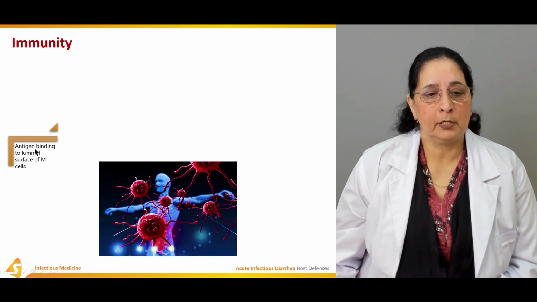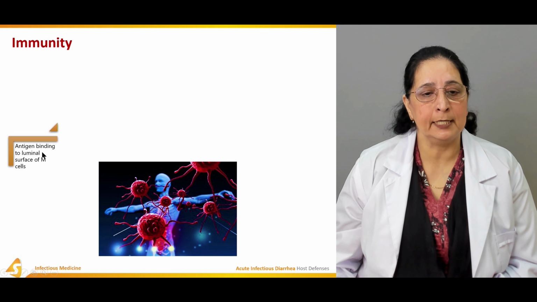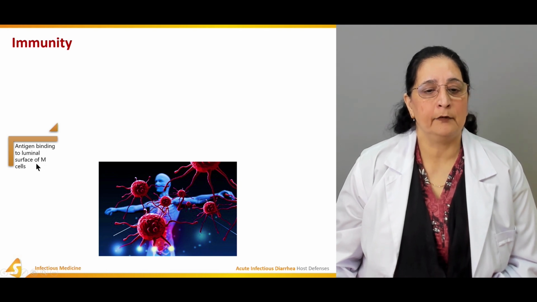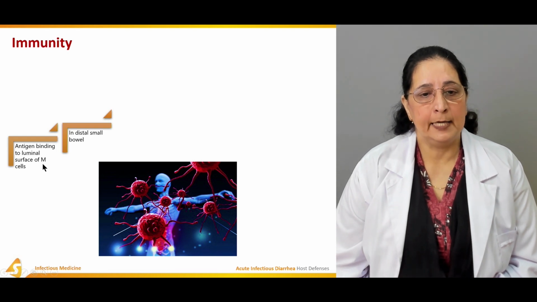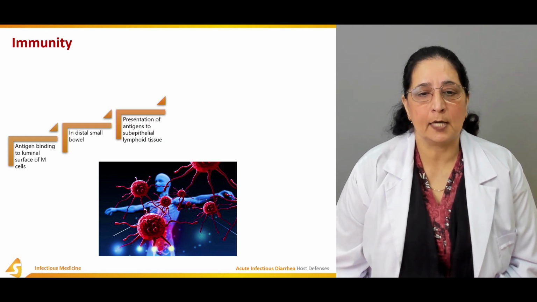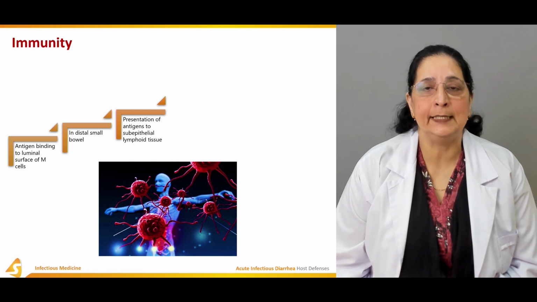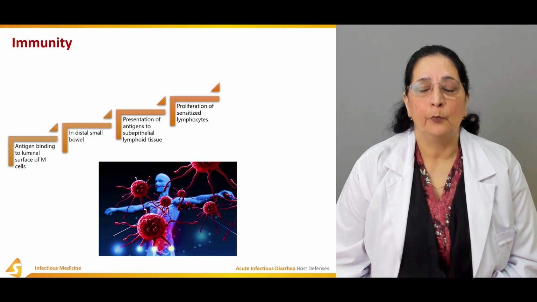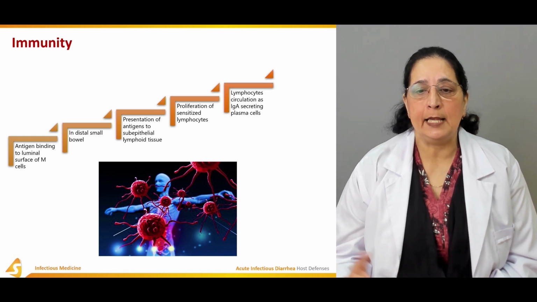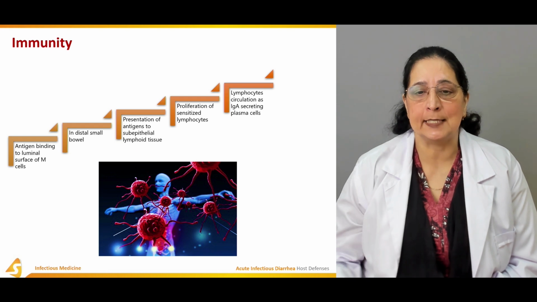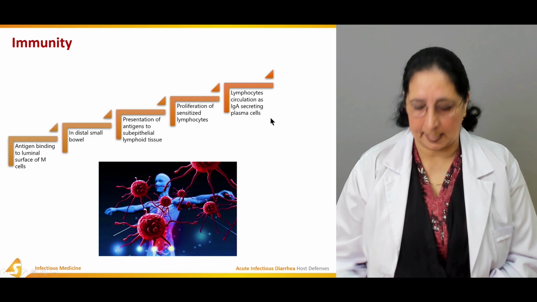Immunity, again, how it works: the antigen binds to the luminal surface of M cells in the distal small intestine, followed by presentation of antigen to subepithelial lymphoid tissue, proliferation of sensitized lymphocytes, and then lymphocyte circulation as IgA-secreting plasma cells.